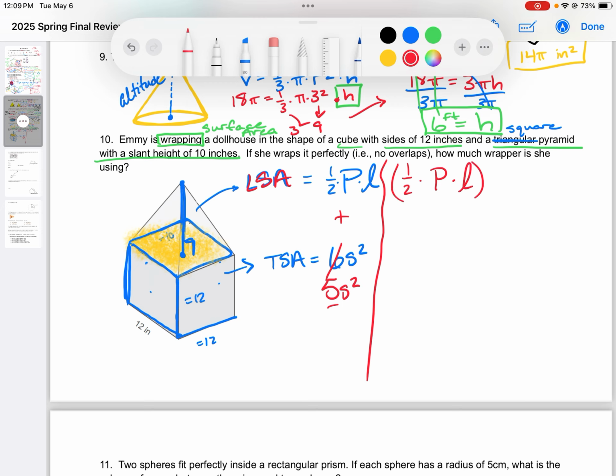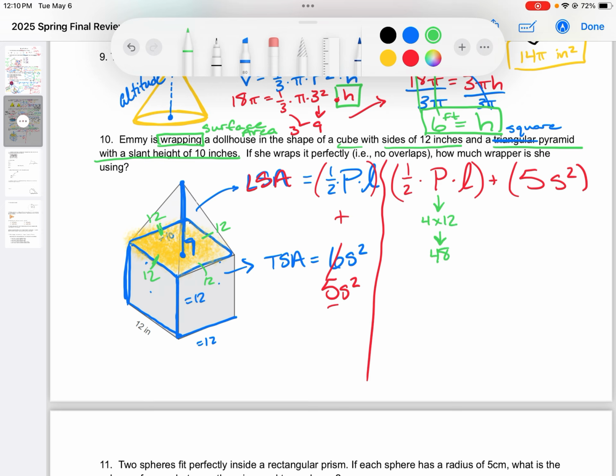1/2 times P times L, okay? I'm going to put that in parentheses because that's part 1, plus 5 times s squared. Now, let's substitute what we know. The perimeter of the base of the pyramid: the base of it is the square where all the sides are 12.